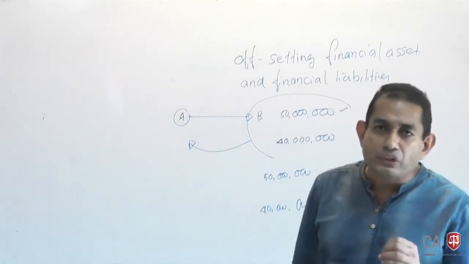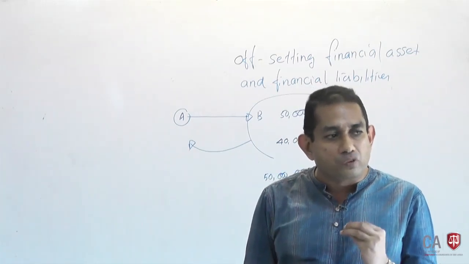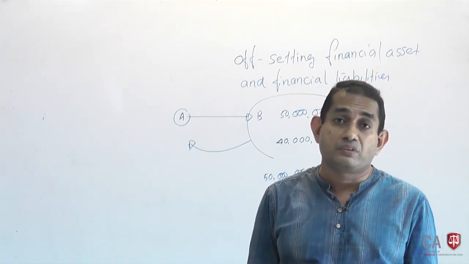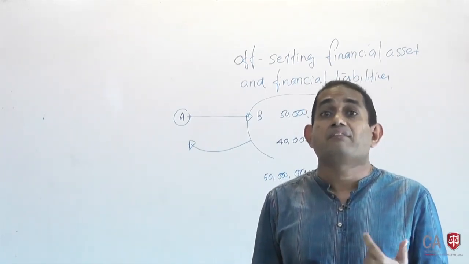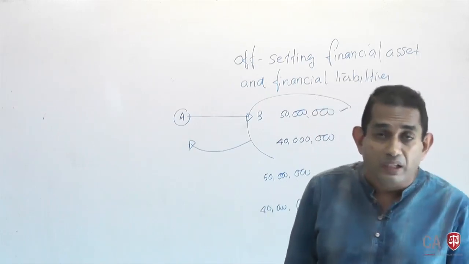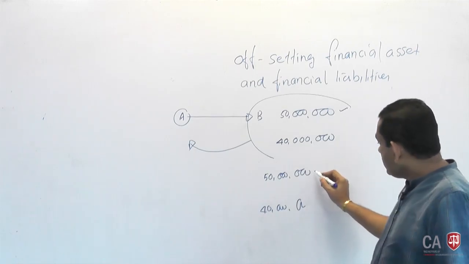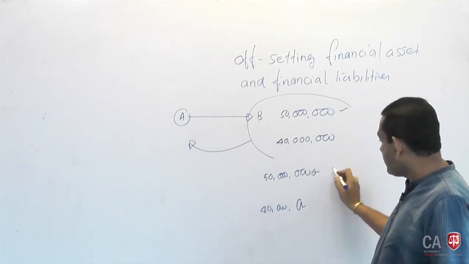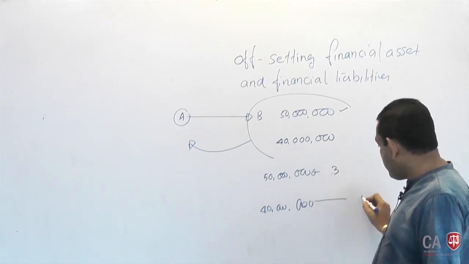You cannot set off. Why? When you do the disclosures, they are provided to show different timings of cash flows, different amounts of cash flows and different risk levels of cash flows. Say that 50 million should be received by the company in 3 months' time and 40 million should be paid in 1 year's time.